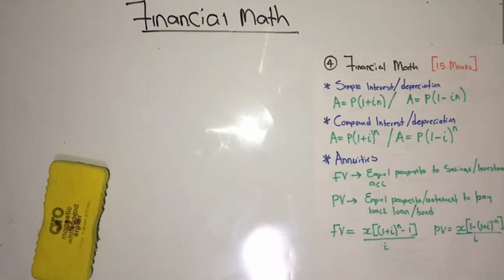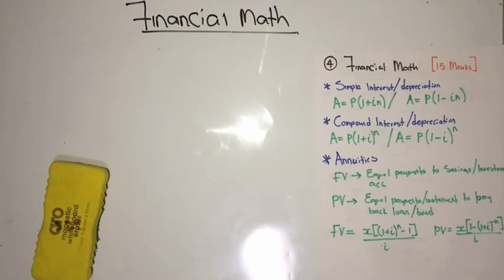In this case, interest or depreciation happens based on the initial amount. So let's just say you're investing 100 rands in an investment that gives you 10% per annum, or per year, your interest is only going to be based on the initial amount that you have contributed. The same thing applies to depreciation.